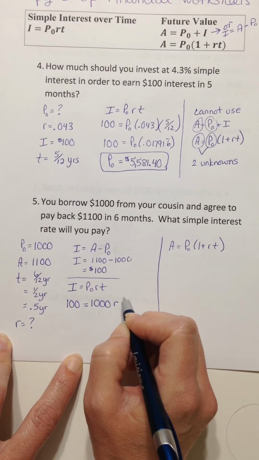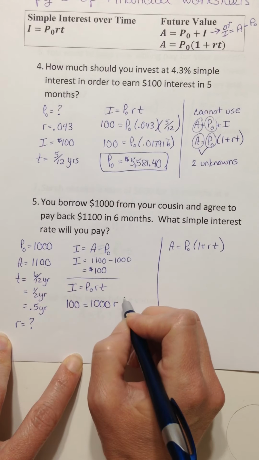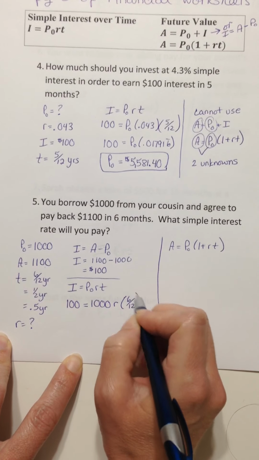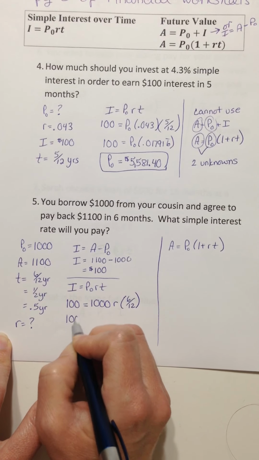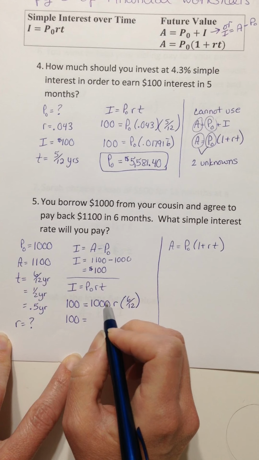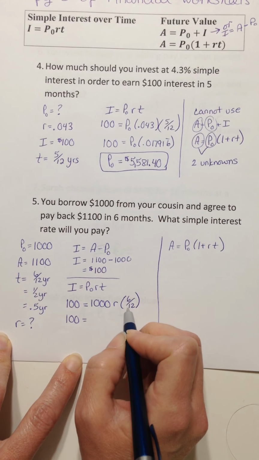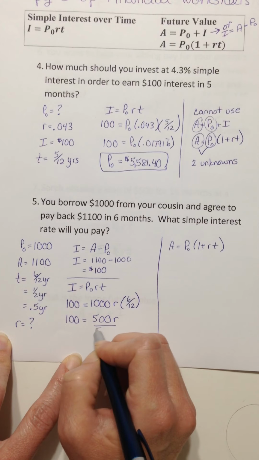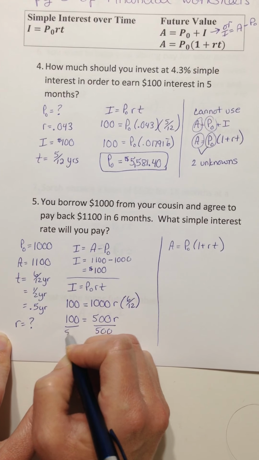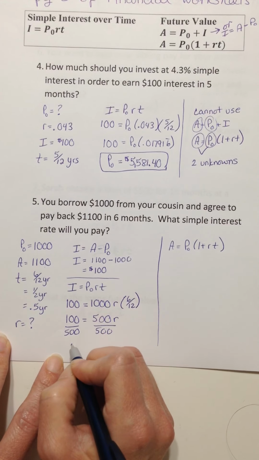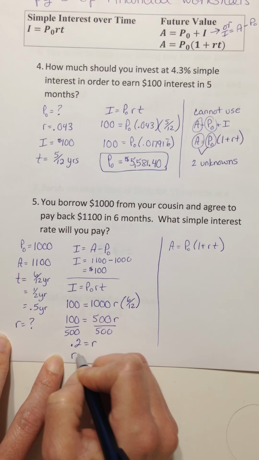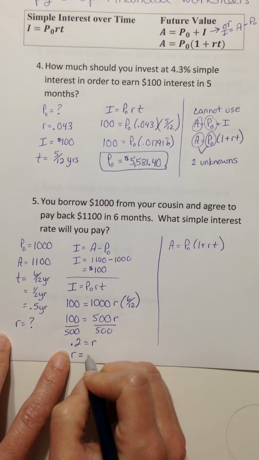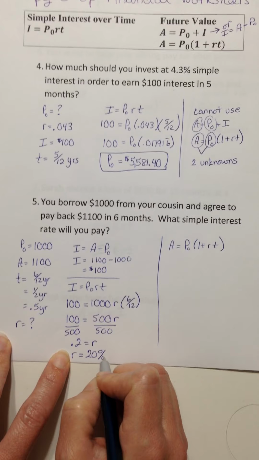The time, I can use any of those. So I'm going to use 6/12. So then I would multiply the 100 and the 6/12 to get 500. Divide by the 500. And you'll get 0.2. Change that rate to a percent by multiplying by 100, 20%.